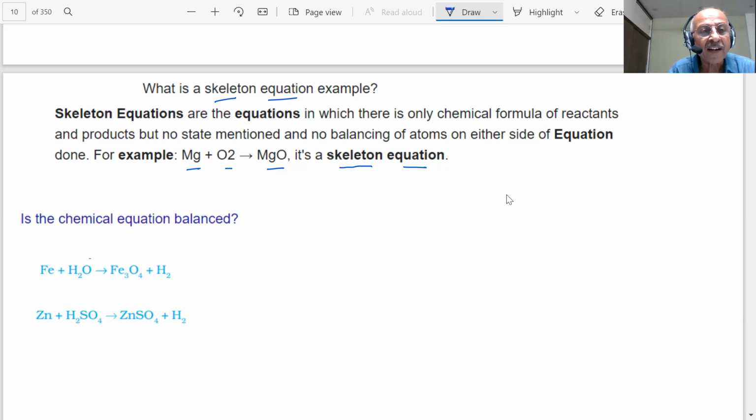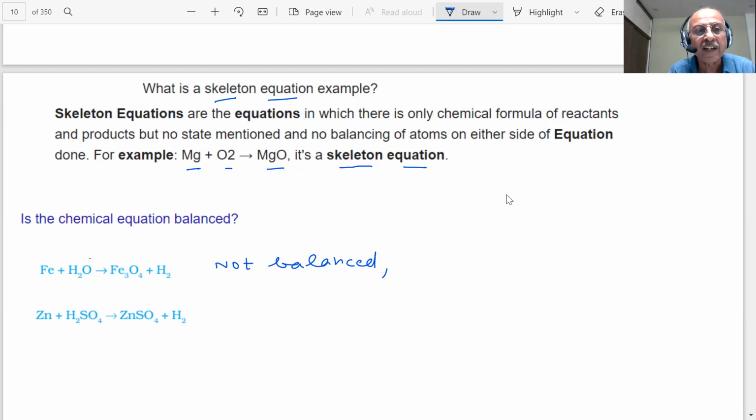For example, students, here iron reacts with water to form Fe3O4 and H2. In this reaction, you can see there is one atom of iron, but three atoms of iron in the products. Similarly, in the reactant there is only one atom of oxygen, and there are four atoms of oxygen in the products. Therefore, this reaction is not balanced, students.